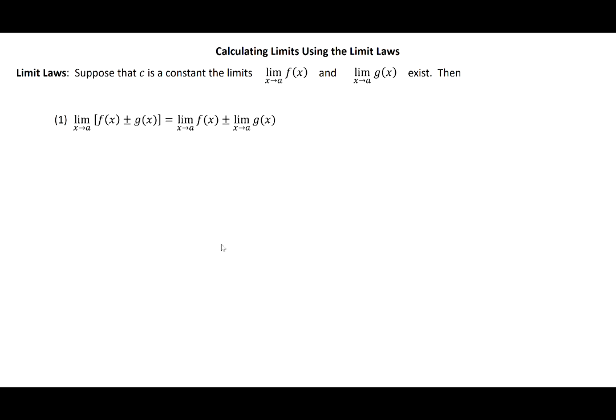Now notice, does that make sense? Here we are supposed to figure out the limit as x approaches a of f of x, some function f, plus g of x, or you could have f of x minus g of x. Let's focus on the plus part.